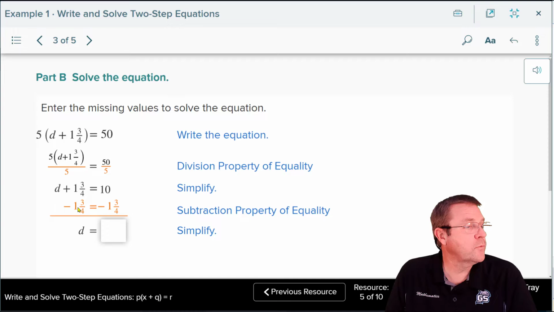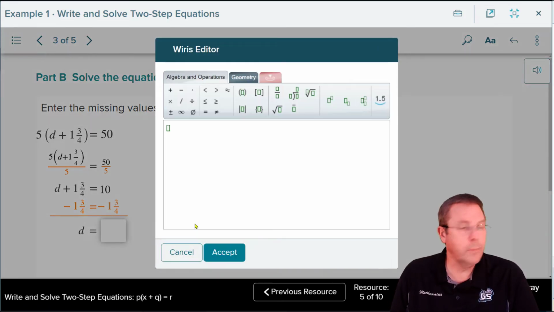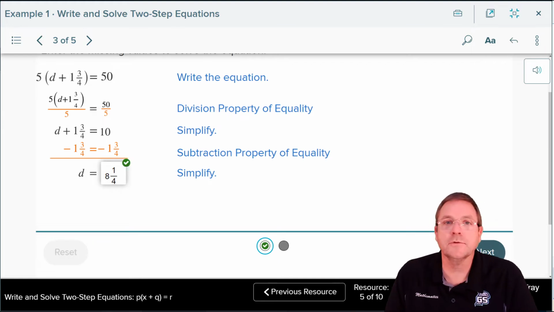Last thing, we're going to subtract 1 3/4 from both sides, and I really don't like it when they do fractions and mixed numbers vertical. You're much better doing those as a horizontal type problem. But either way, that's going to end up giving me 8 1/4, I believe, for the final answer. So 8 1/4, accept and check, and the answer checks itself.